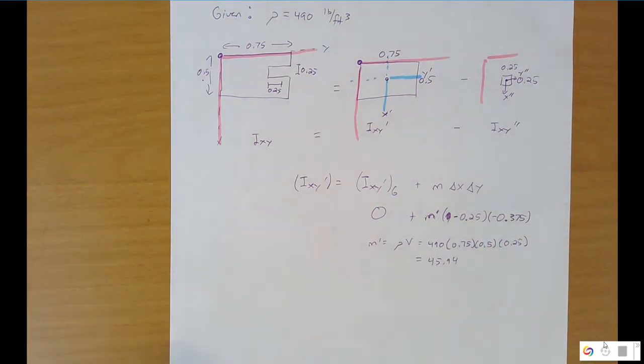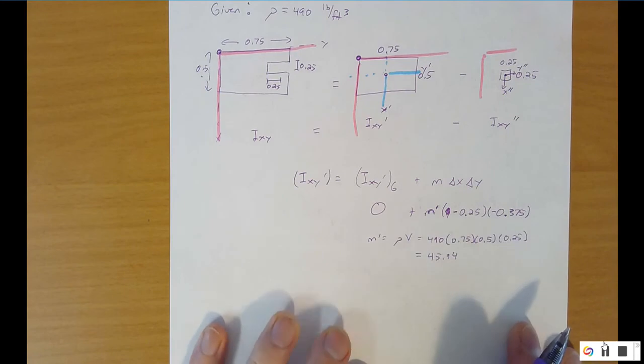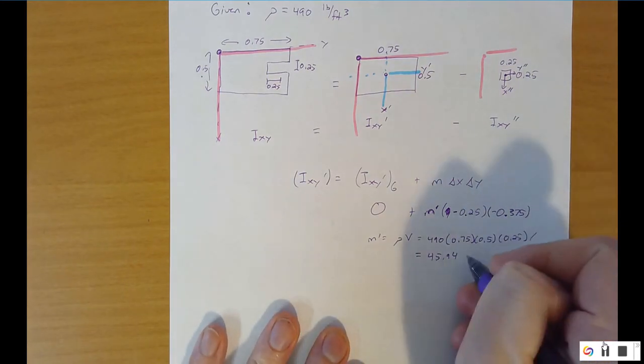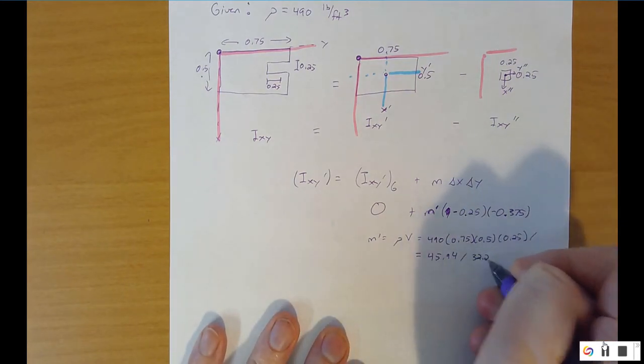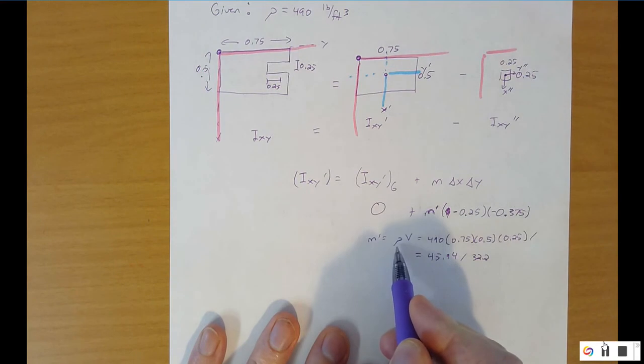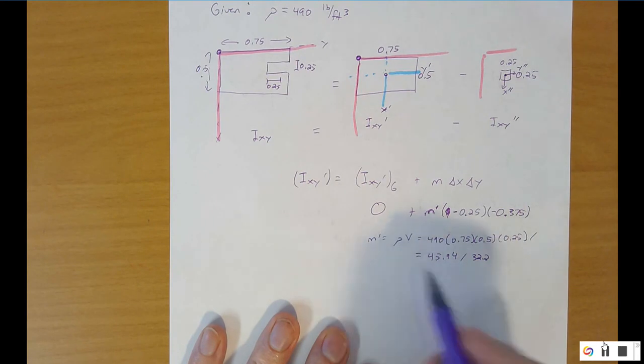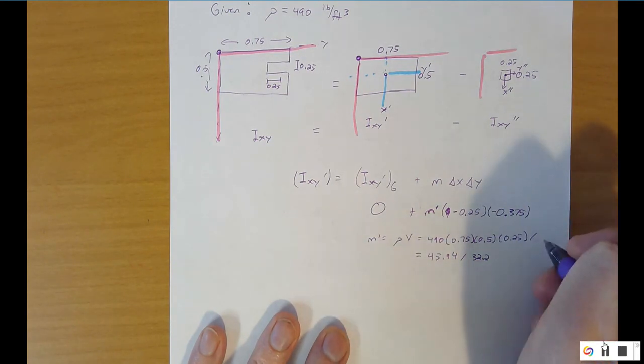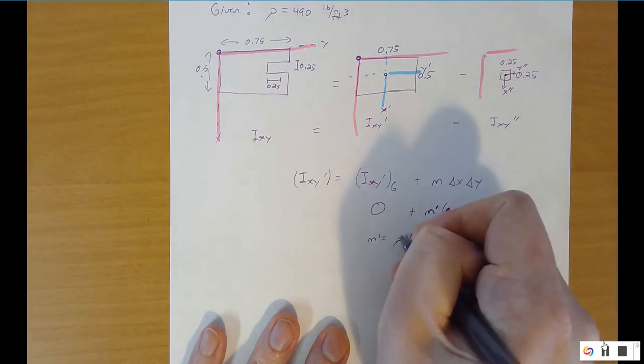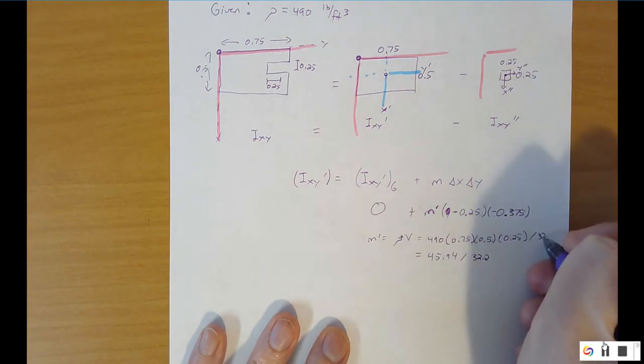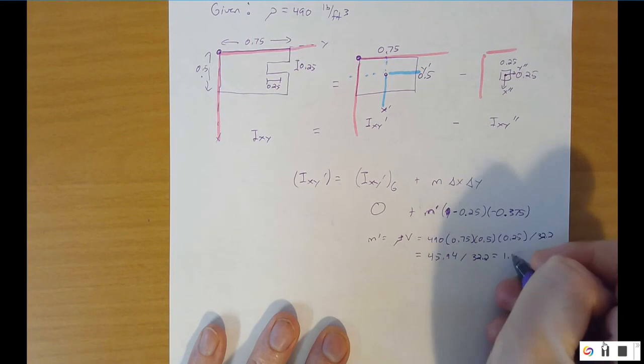You'll get 45.94, but that's weight. So we have to make sure we divide both of these by 32.2, because remember, this isn't quite density. Density is not the right term for this. This is specific weight. It's 490 pounds per foot cubed. So divide it by 32.2, you'll get 1.427.